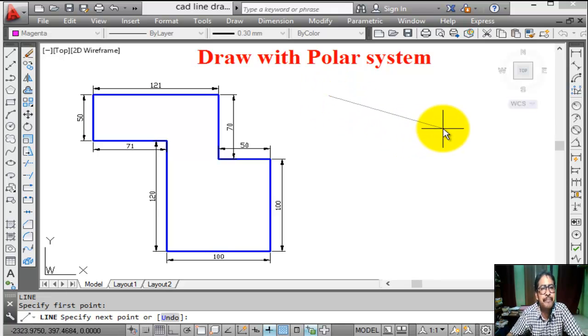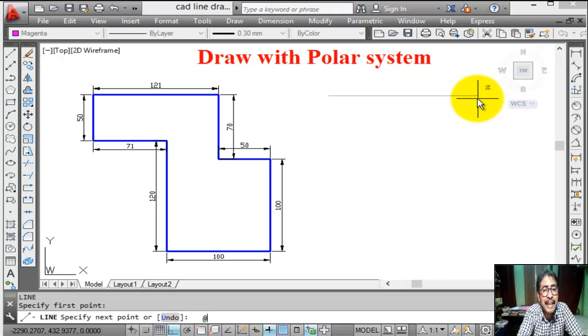Next point, this is 121. In the polar system we give @121, angle means less than, angle 0.